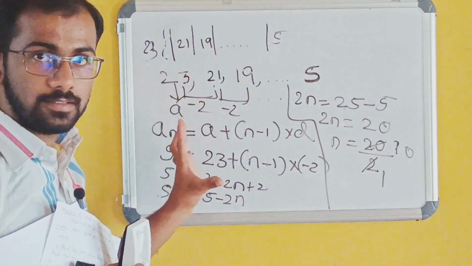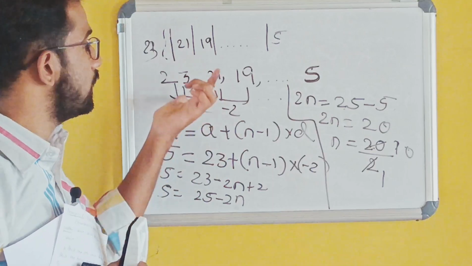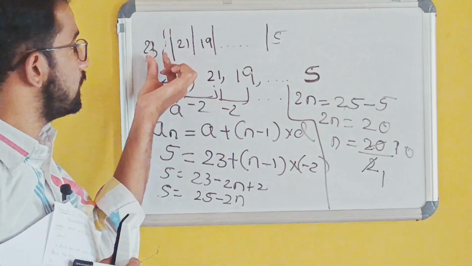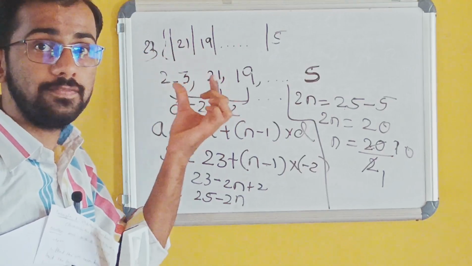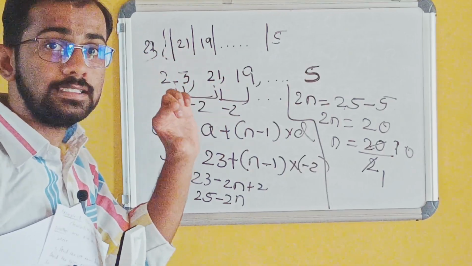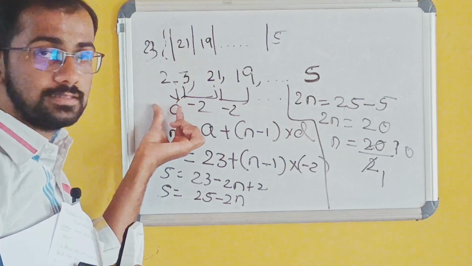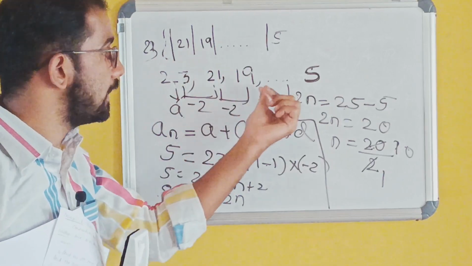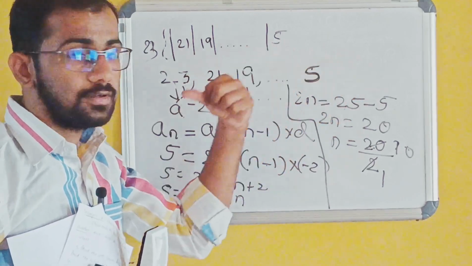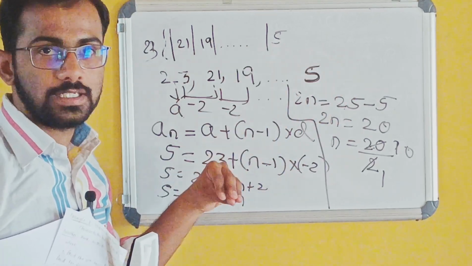So this is the given data. Now we consider the number of flowers in each row: 23, 21, 19, up to the last row with 5 flowers.